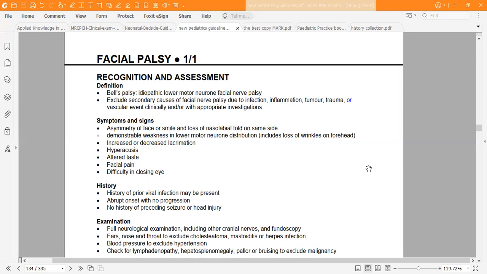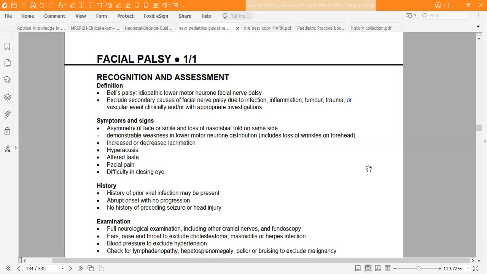So what are the symptoms and signs of facial palsy? First of all, you will notice asymmetrical facial expressions, asymmetry of the face or a smile, and loss of the nasolabial fold on the same side as the affected side, with demonstrable weakness in lower motor neuron distribution, including loss of wrinkles on the forehead.